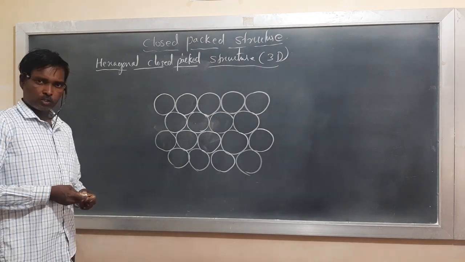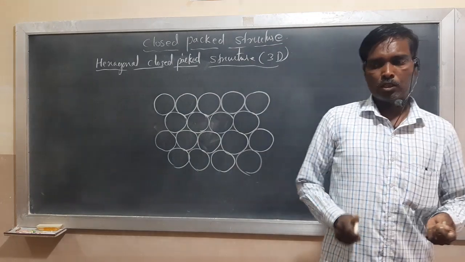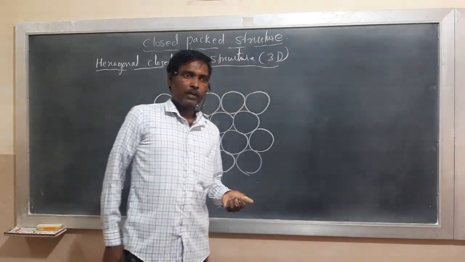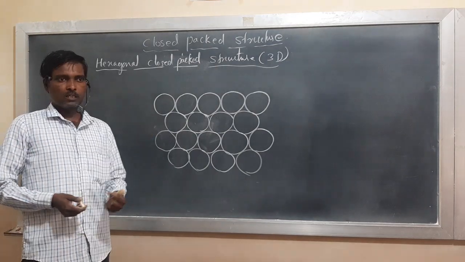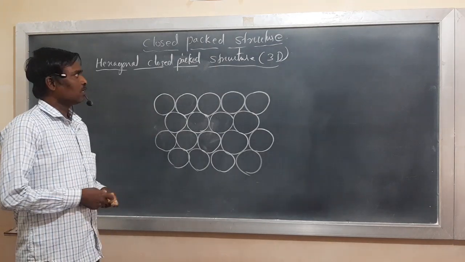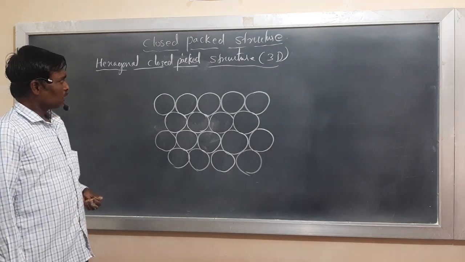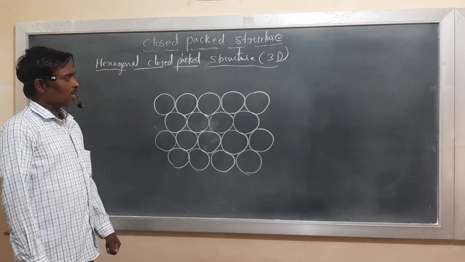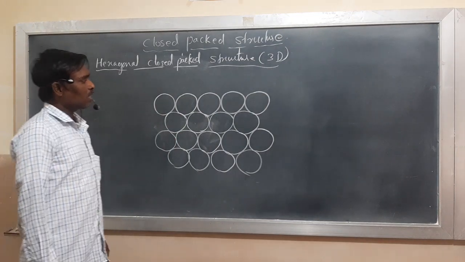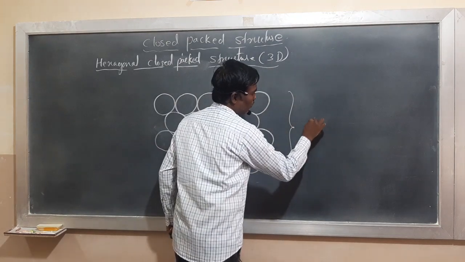In 2-dimensional also, we studied the hexagonal close packing structures, where we calculated the coordination number. Coordination number is 6 in 2-dimensional, and the arrangement is of AB type. Now, let me take the hexagonal close packing arrangement in 2-dimensional as one single layer.